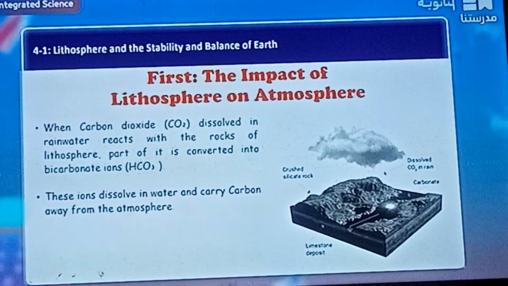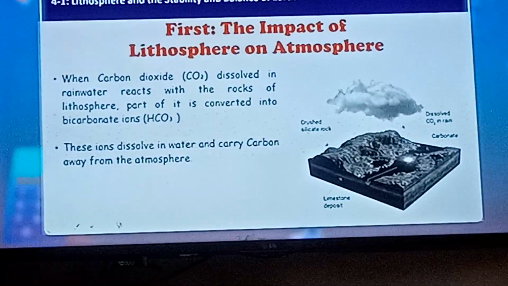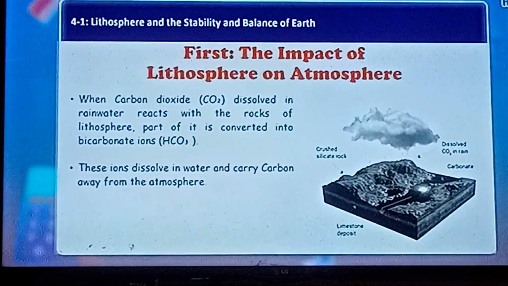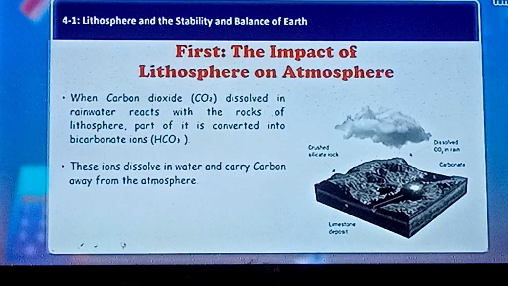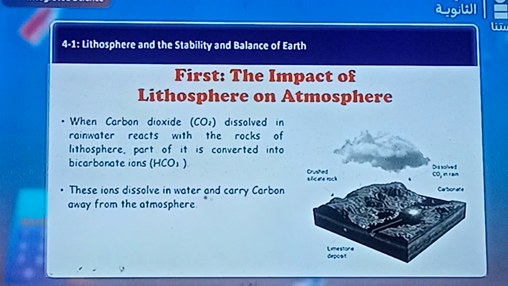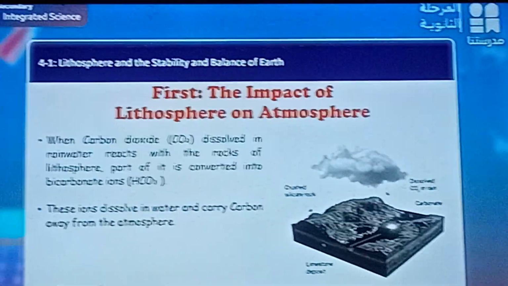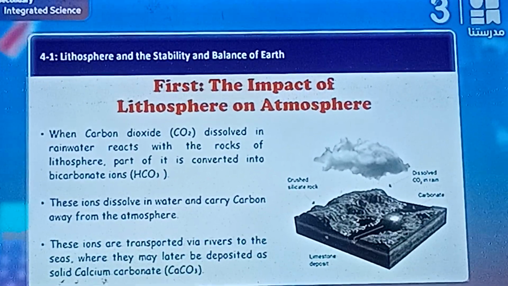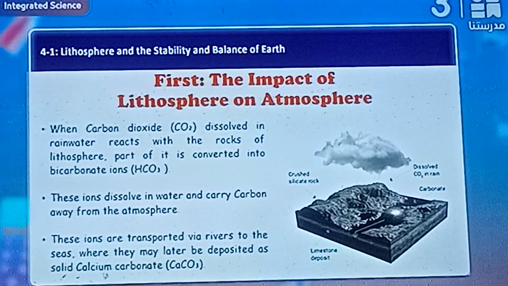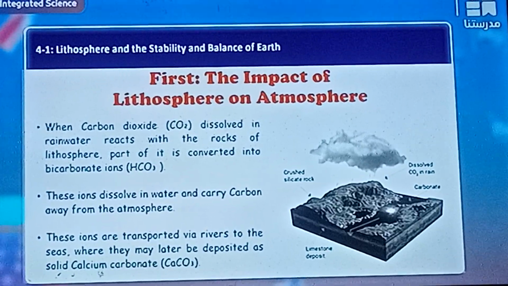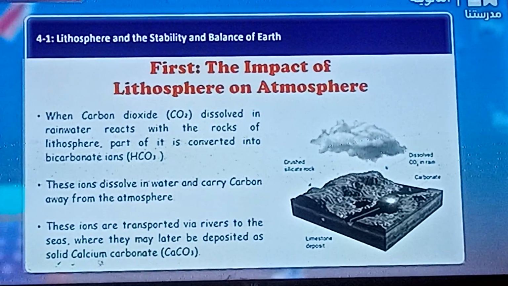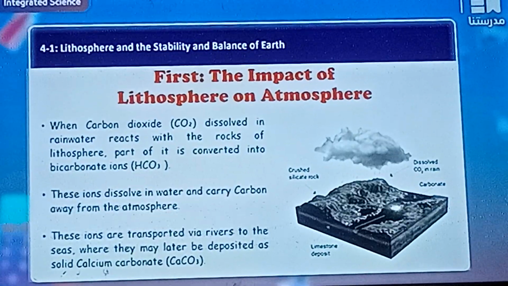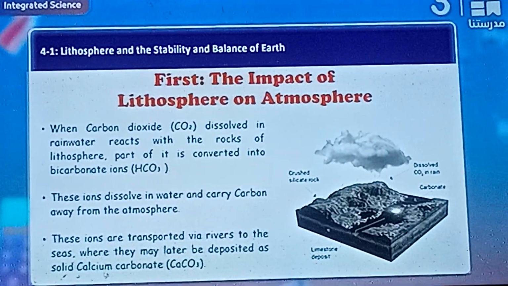These ions dissolve in water and carry carbon dioxide away from the atmosphere. These ions are transported via rivers to the sea, where they may later be deposited as solid calcium carbonate.